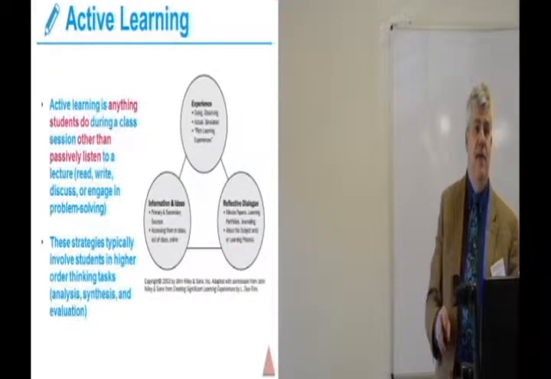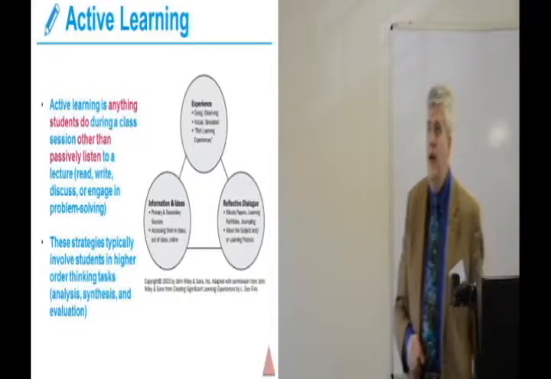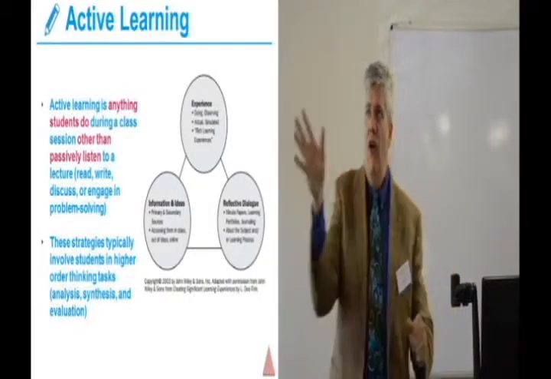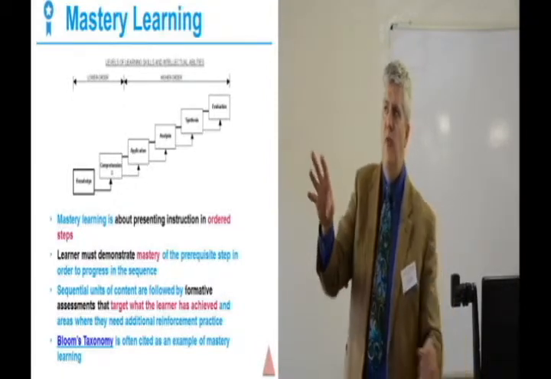And so, again, I'm not going to spend time on these. Active learning is anything that gets students to do something other than just sit and listen. There are lots of different ways to get students to be active, and you just have to find ones that work for you. There are structures of stages of learning. The one shown here is called Bloom's taxonomy.